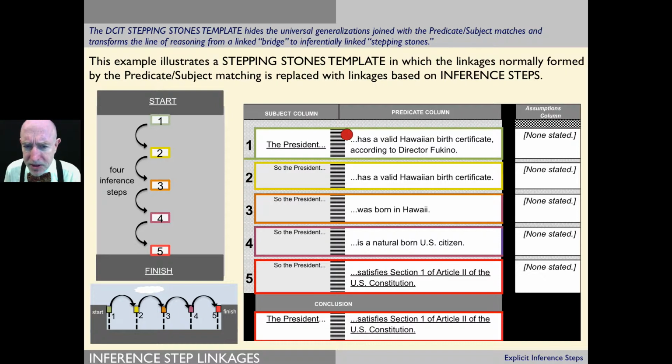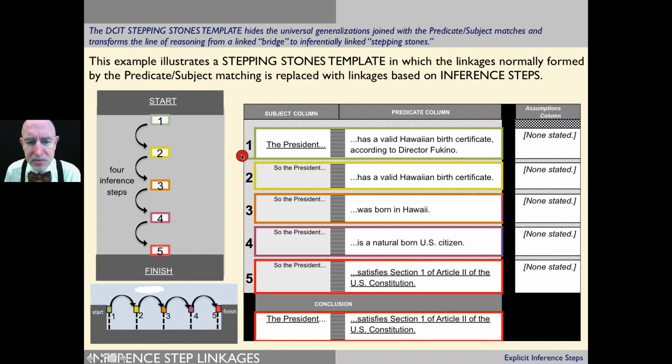Here, the premises that are missing are, anyone who has a Hawaiian birth certificate, according to Director Fukino, has a valid Hawaiian birth certificate. So that's not really stated here that would lead to this conclusion. Same thing here. The premise, anyone who has a Hawaiian birth certificate was born in Hawaii, is not stated right here. That would lead to number 3. And that continues.